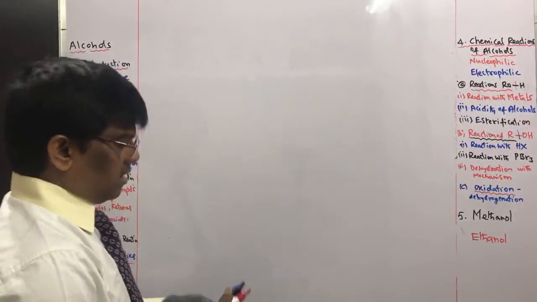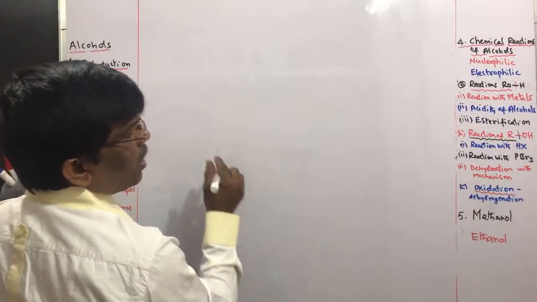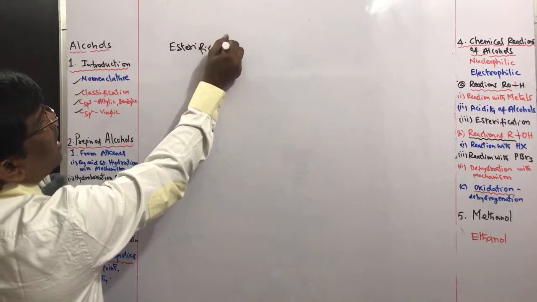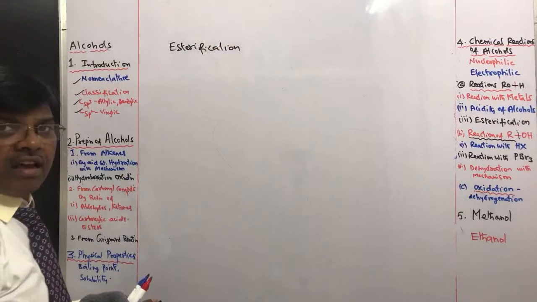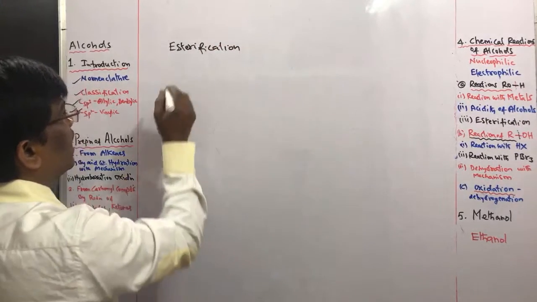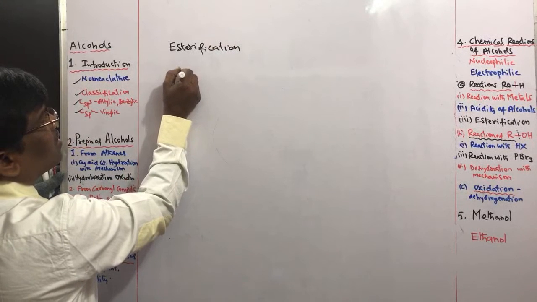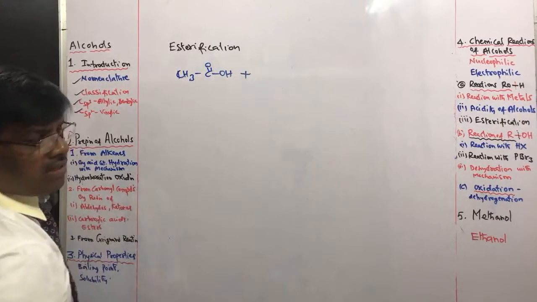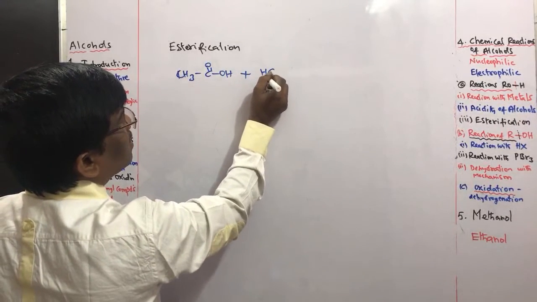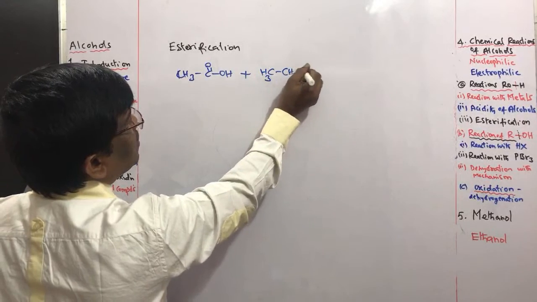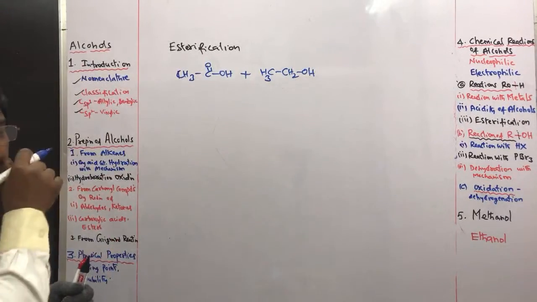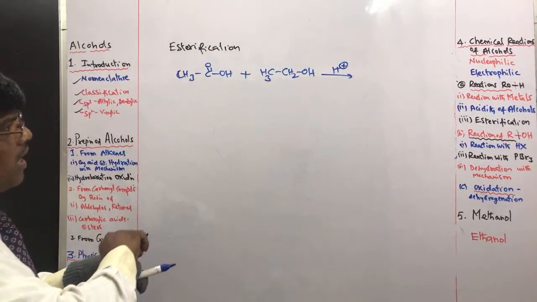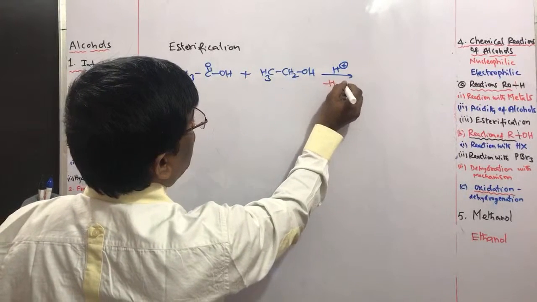Next. Let us learn the reactions of cleavage of the OH bond. It is esterification of alcohols with carboxylic acids. For example, acetic acid, CH3COOH, plus ethanol, CH3CH2OH. In the presence of an acid catalyst, it is going to lose water.